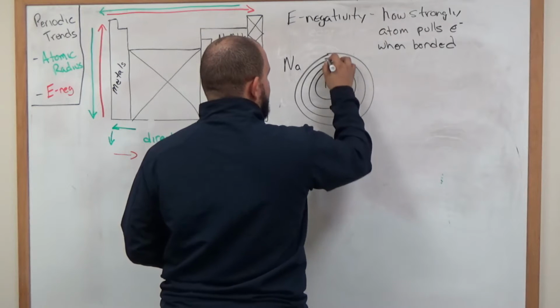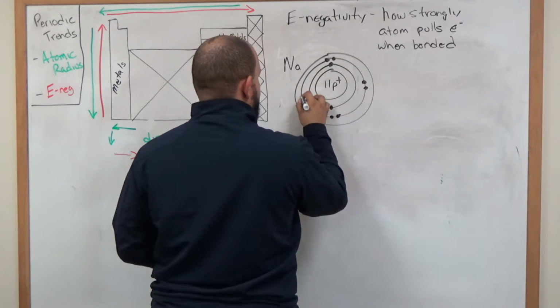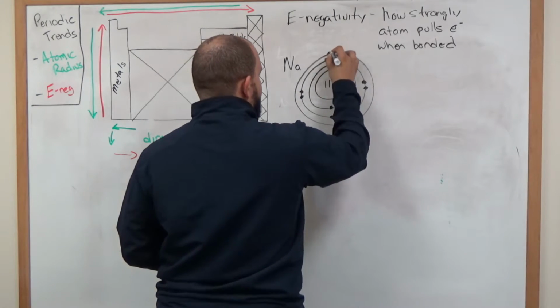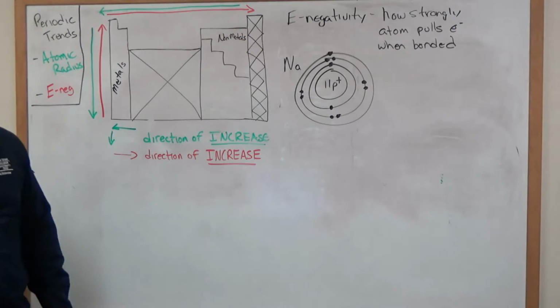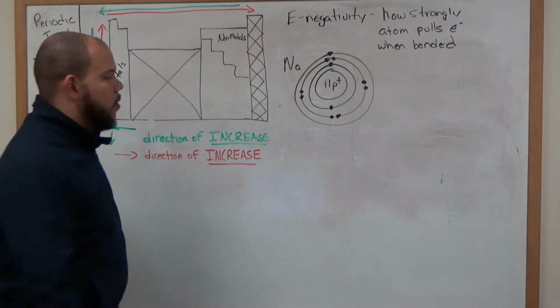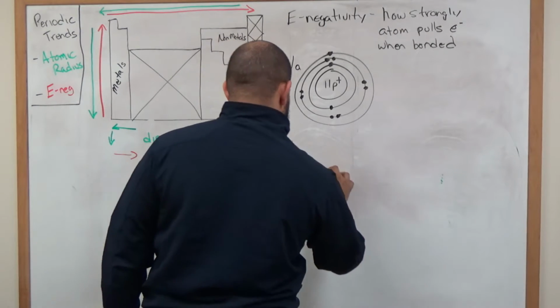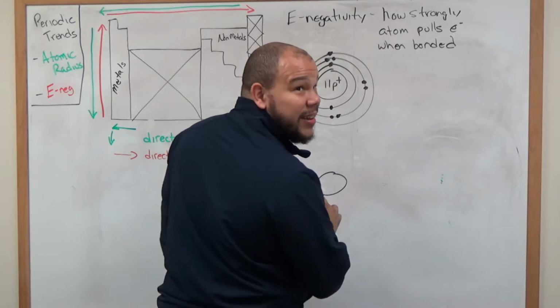It has 11 electrons. And it is in this metal section area of our periodic table. Okay, if we look at chlorine, we have 17 protons.